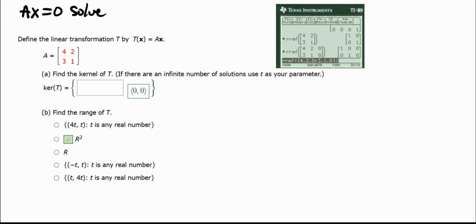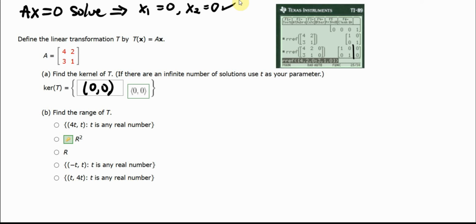So we solve the homogeneous. When we're dealing with the kernel, remember the kernel maps into 0, right? So this is what I do over here. This is really a line dividing there. So I do that on the calculator, and what that ends up giving me is x of 1 is equal to 0 and x of 2 is equal to 0. So that's why you get 0 comma 0.